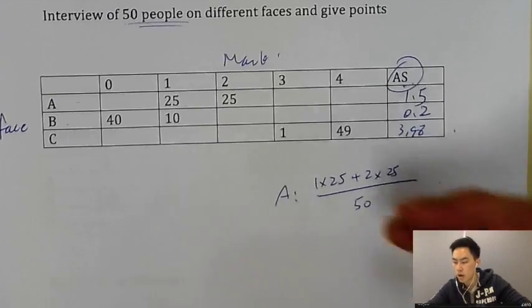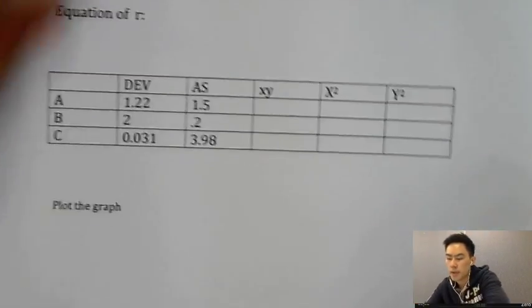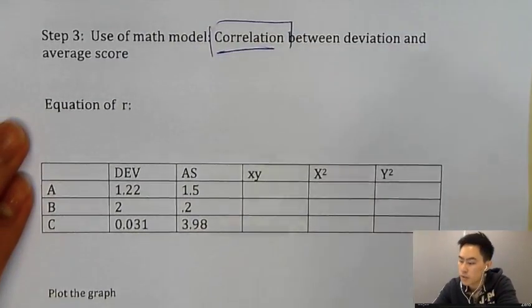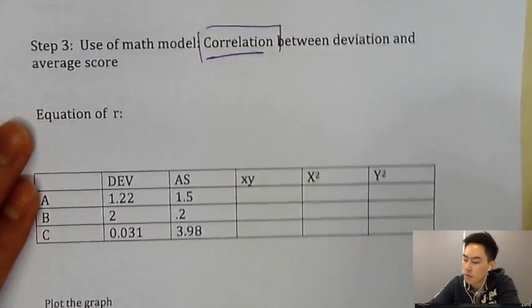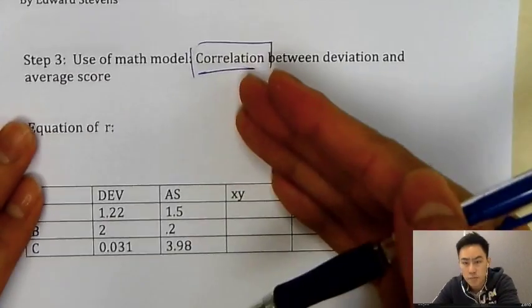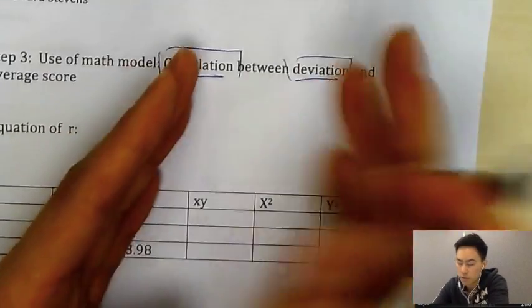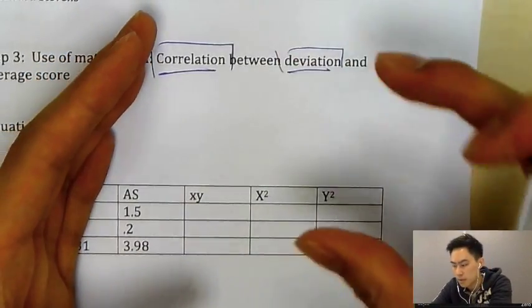After you do all the calculation, then step 3, use the mathematical model. For this one, I choose correlation between the deviation and the average score. I want to find out, is there any correlation? If the deviation is very little, it means that the face is very close to the golden ratio.